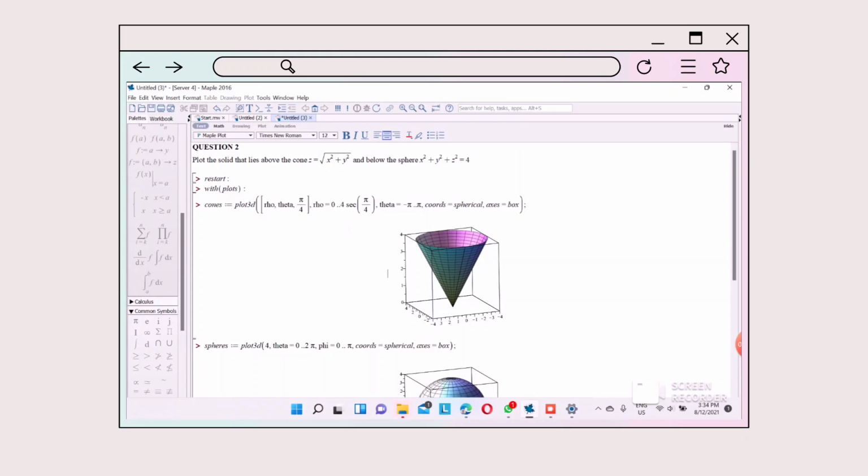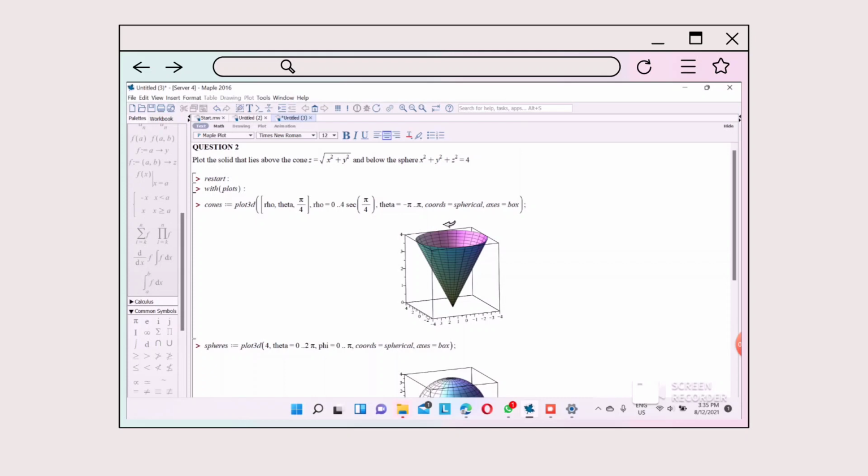We get the value 4 secant pi over 4 from the formula z equal to rho cos phi, where we insert the values of z and phi and get rho equal to 4 secant pi over 4.